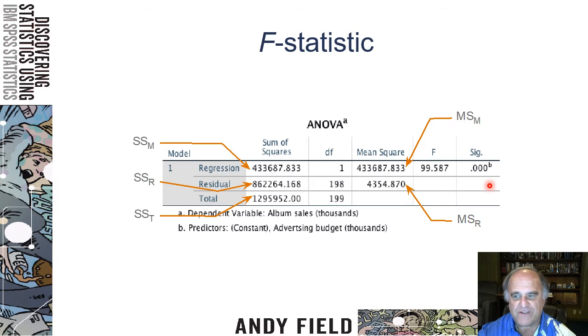If we go to an F table, that's going to be significant. Actually, the probability associated with this F is 0.000. It's going to be significant at 0.05 or 0.01 or whatever you would set as your alpha level, or 0.001.